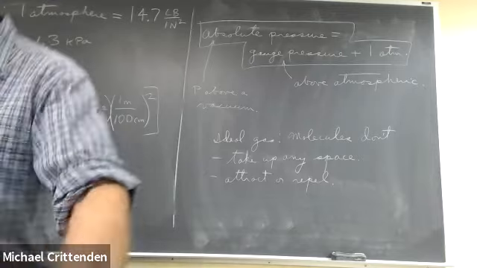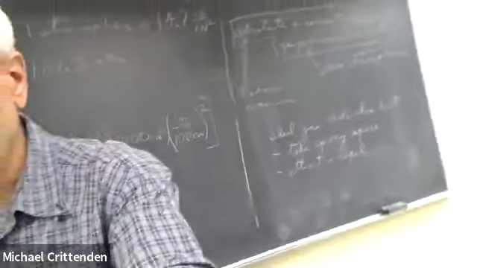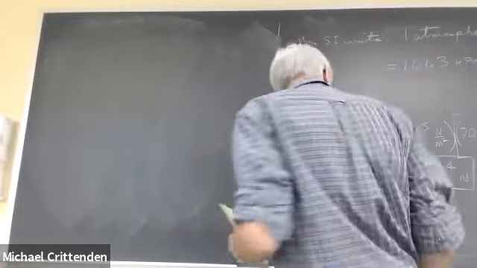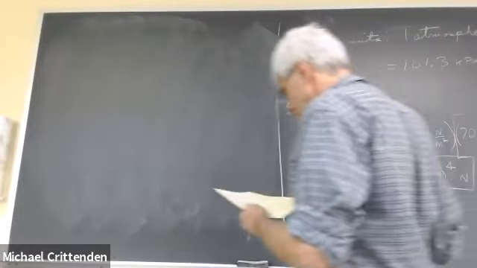Okay. So here's the big moment I've been building up to for the last, I don't know, half hour or whatever it's been. Should probably have a little drum roll or something, but here is the gas law.